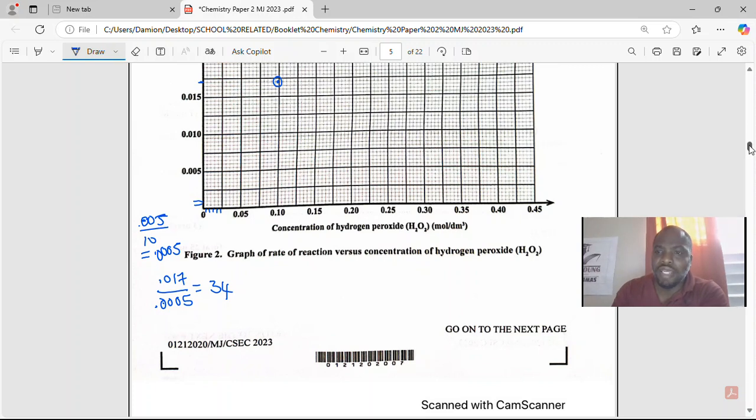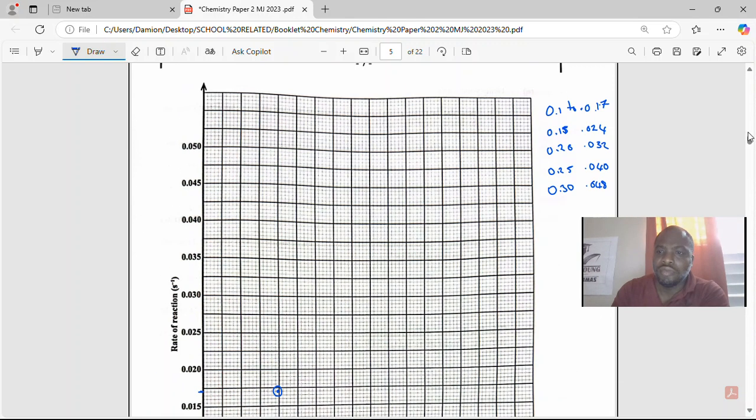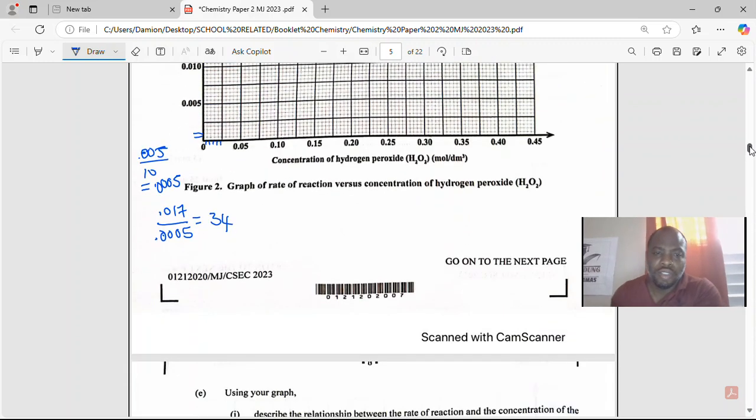Now that we know that, we just divide each of the points that we want to find. So if I want to find 0.024, I divide by 0.0005, and that will give me how many strokes? How many strokes is that? 48.